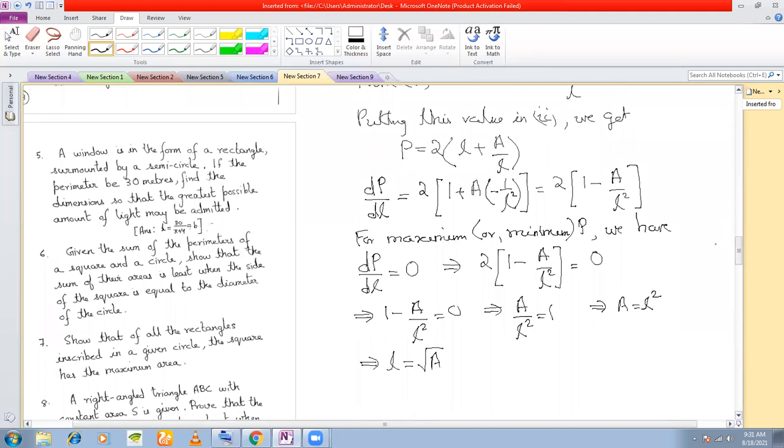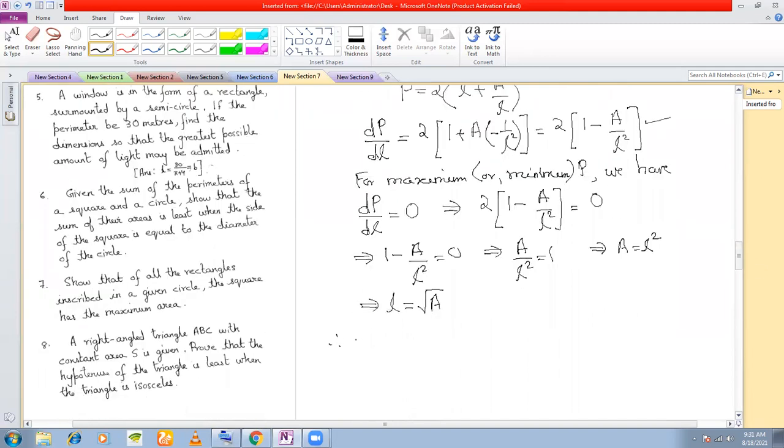So dP/dL we have got as twice 1 minus a by L square. So therefore d2P/dL2 is equal to twice 0 minus a, as a is a constant.